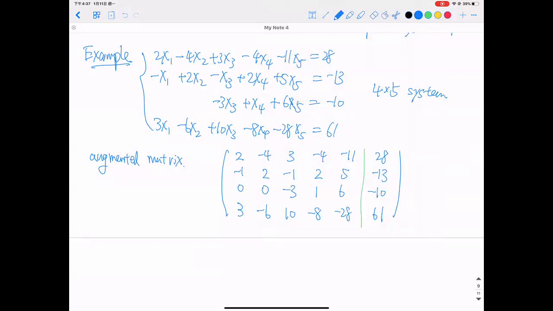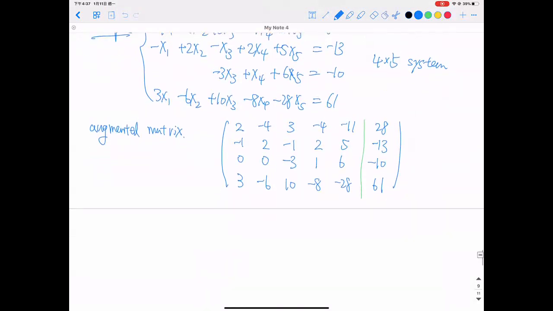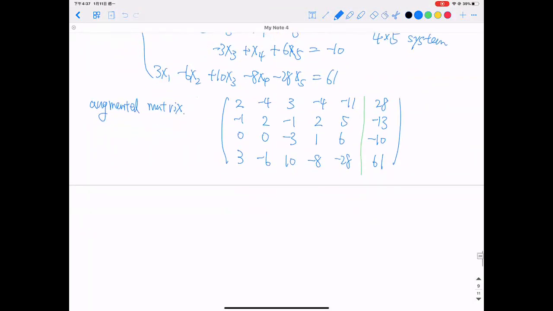Now we need to turn this into reduced row echelon form. If you just try to follow the steps, it's not super simple.